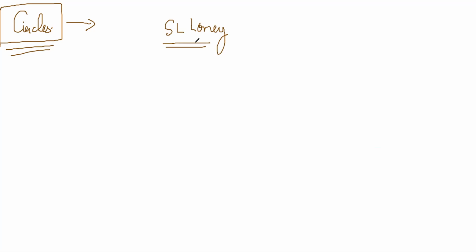It is chapter number 8, I think. Wait one second. Chapter 8 is circle, and then chapter 9 is system of circles. Chapter 8 and chapter 9 we'll be doing.